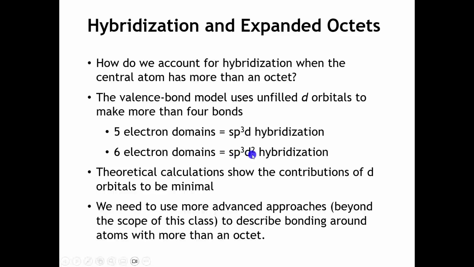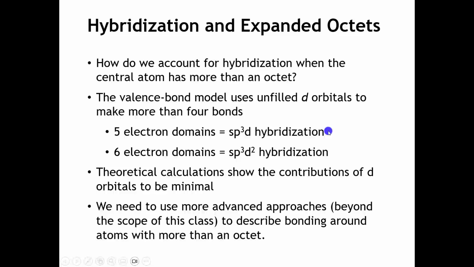So this is what valence bond theory, which goes back to the middle of the 20th century, if not a little earlier, would tell us to do. Nowadays, scientists can do pretty accurate calculations of which orbitals are involved in the bonding, and those calculations show us that really the d orbitals are making a very small, if almost negligible, contribution to the bonding. So this picture is probably not that close to reality.